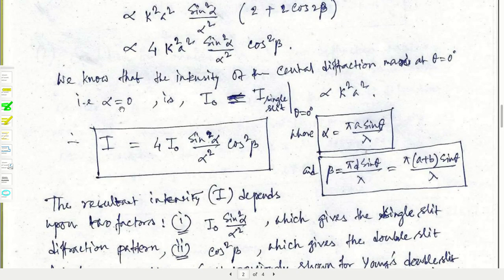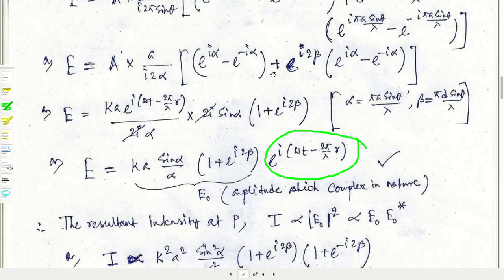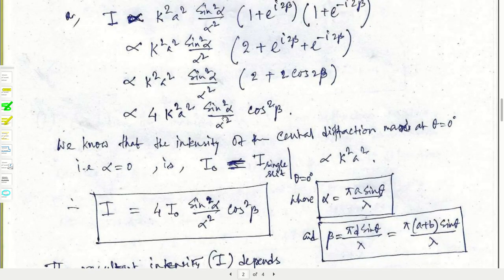You will get alpha equal to 0 surely, because alpha is pi a sin theta by lambda, so alpha should be 0 here. So alpha equal to 0 means sin alpha by alpha tends to 1, if you take the limit alpha tends to 0.